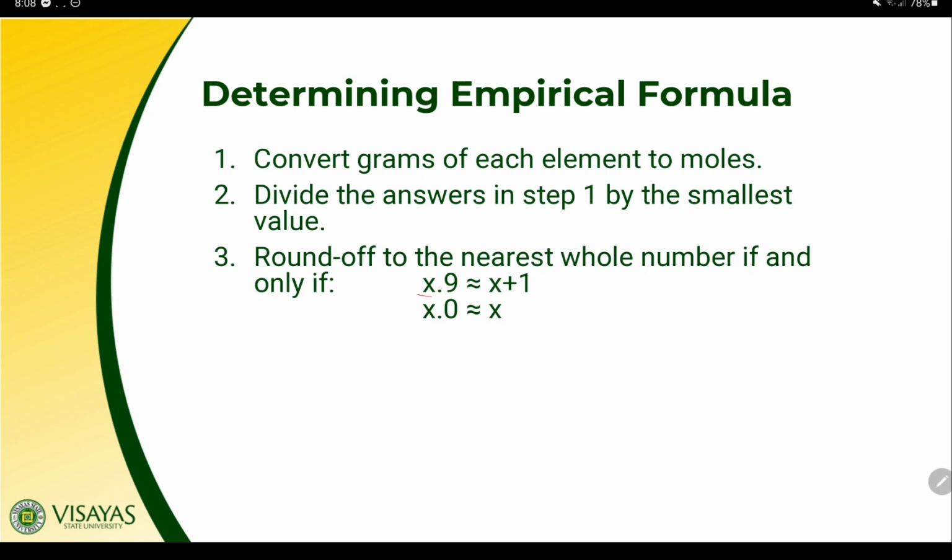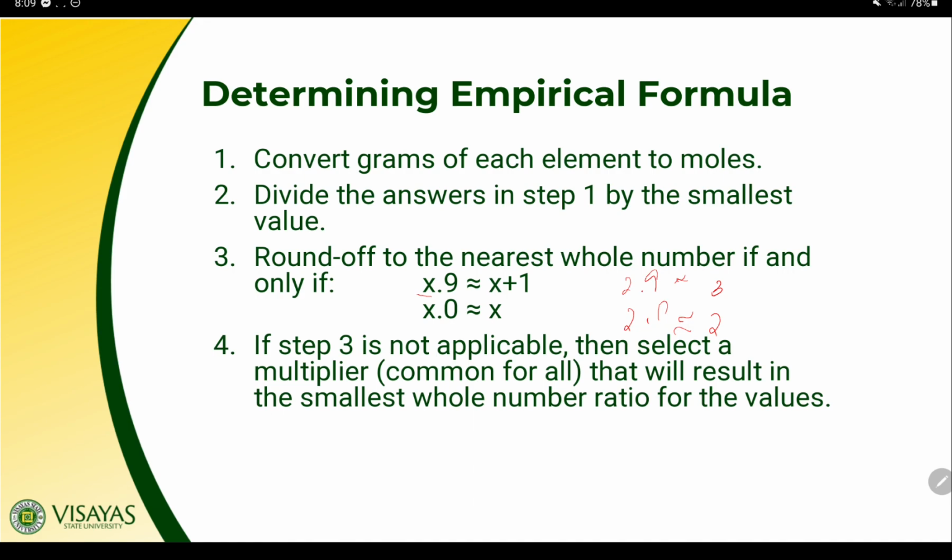If you have .9 here, then that could be plus 1. So for example, if we have 2.9, we can round off that to 3. And if we have 0.0, then we can round that off to the same number. Like for instance, if we have 2.0, then that's equivalent to 2.